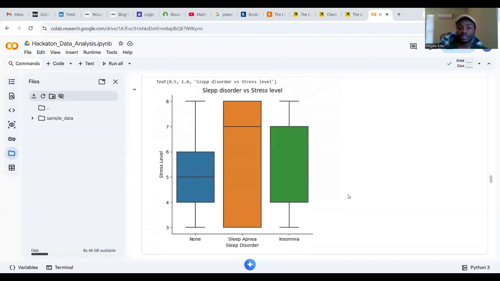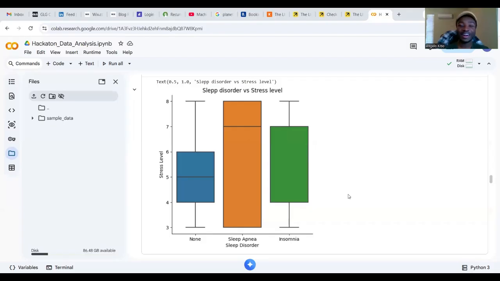As you can see from this plot, people with sleep disorder tend to be a lot more stressed than people with no sleep disorder, which means higher stress level means higher sleep disorder, and higher stress level means quality of sleep is going to be reduced, and then sleep quality decreases, therefore sleep duration decreases.